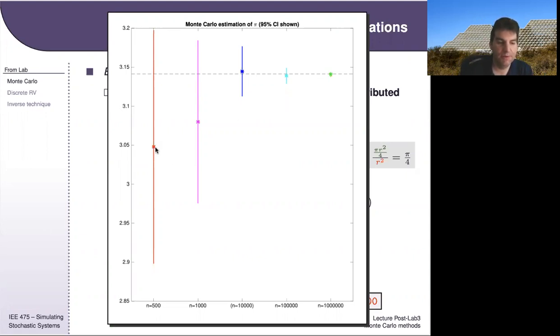So this asterisk down here, what you're viewing right now is as I generated 500 rows in a spreadsheet, and then I calculated an estimate of pi. It just so happened that for that run, my estimate of pi came out to 3.05.